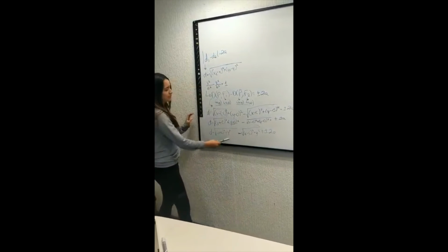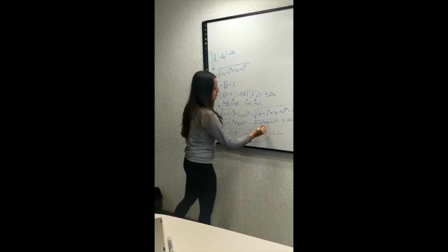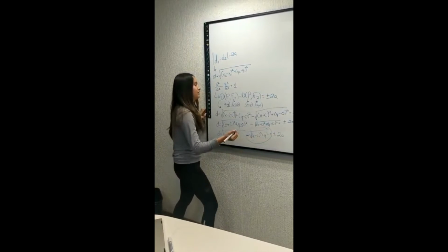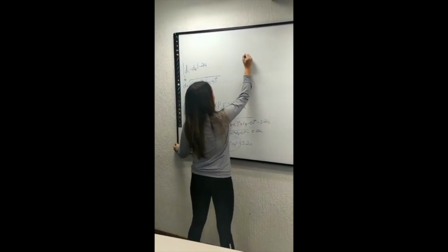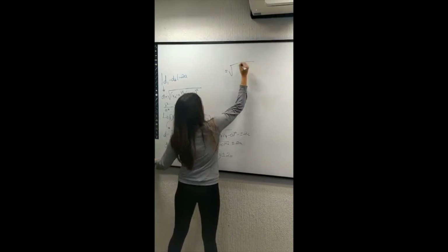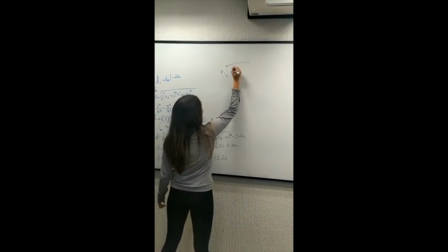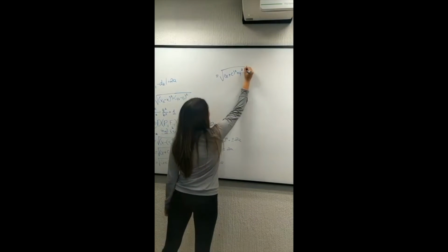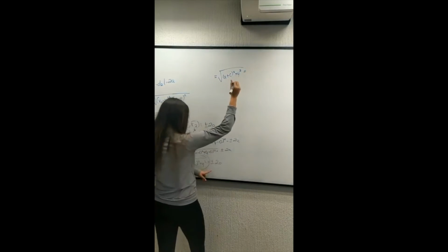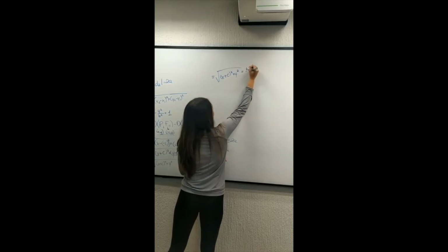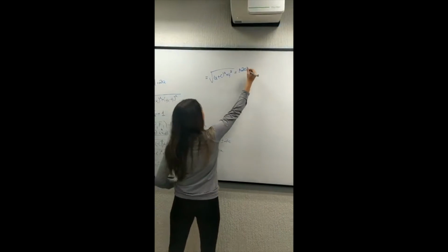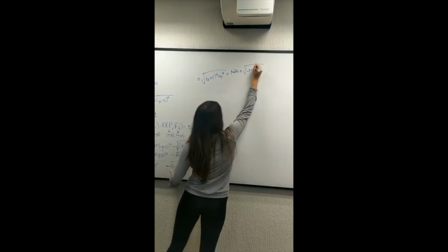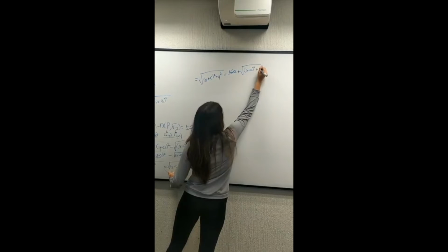Now we need to pass this part of the equation to the other side. So we have that the square root of (x plus c) squared plus y squared is equal to plus or minus 2a plus the square root of (x minus c) squared plus y squared.